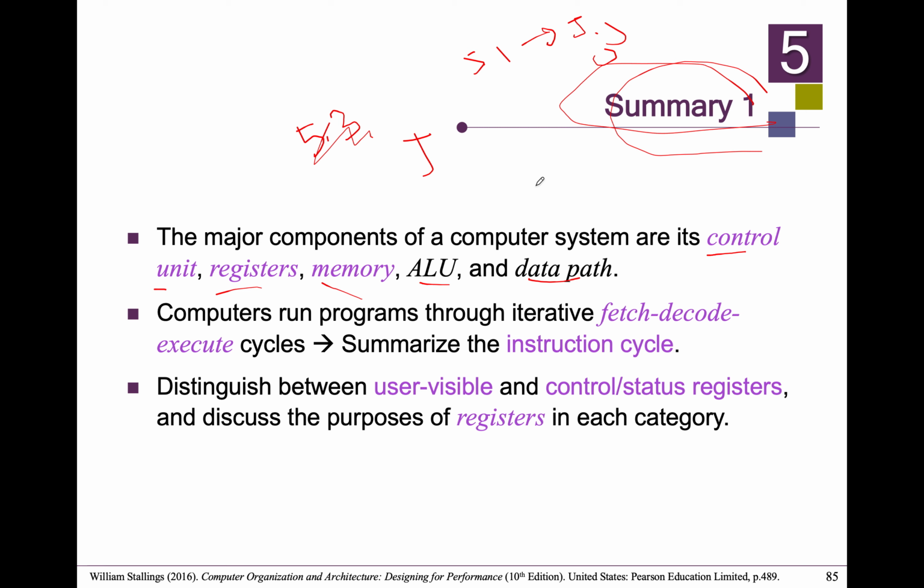This is the major component for your computer system. Computers run programs through iterative fetch, decode, execute cycle. So this is the standard cycle for your computer. Summarize the instruction cycle. Distinguish between user visible and control or status registers, and discuss the purpose of registers in each category. So you try to conclude it by yourself.